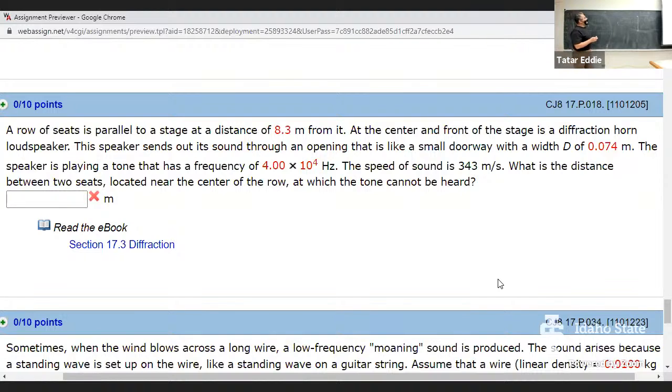But it is easier to look at the diagram and find this distance, because you can say that sine of your angle is lambda divided by d. Therefore, the angle itself is inverse sine of lambda divided by d.